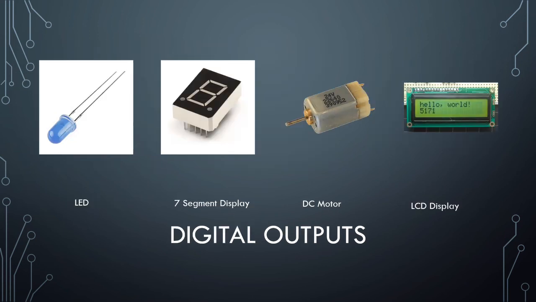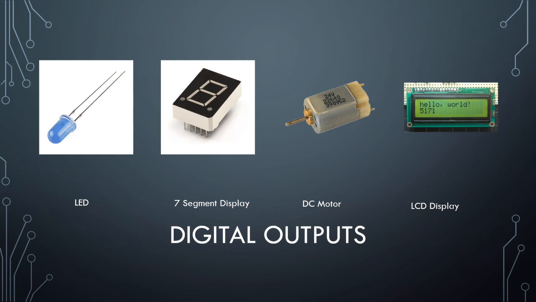And here we have some digital outputs. We have an LED. I don't think I have this on my next slide with the analog outputs, but an LED can essentially be both. It can be on or off, or we can set it to an intermediate value. So an LED is actually both a digital and an analog output. We have a 7-segment display, an output that we can program to output some signal to the user.